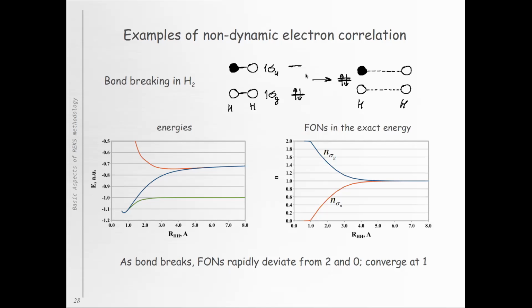Now, as I stretch the bond beyond the so-called Coulson-Fischer point, the occupation numbers of the two orbitals depart from their canonical values, 2 and 0. And already at 2 angstrom, I will have in sigma u almost half an electron on average, and in the sigma g orbital approximately 1.5 electrons.